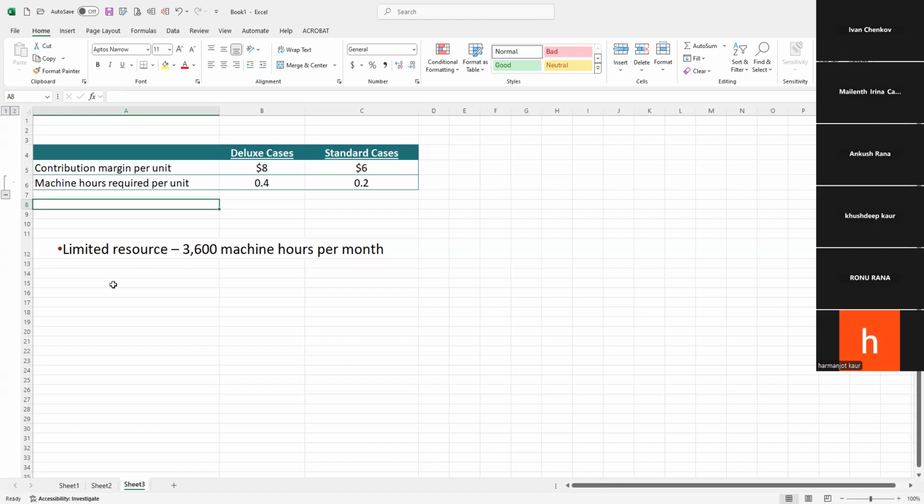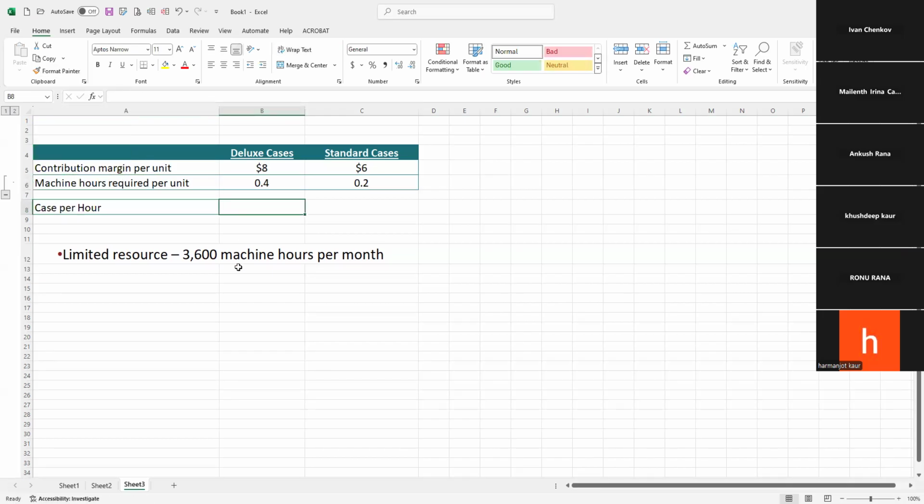Okay. Cases per hour. How many cases per hour can we make from the first one? Contribution margin divided by the machine hours. Yes. But that will be contribution margin per hour, correct? Yes. So it's not going to be cases per hour.